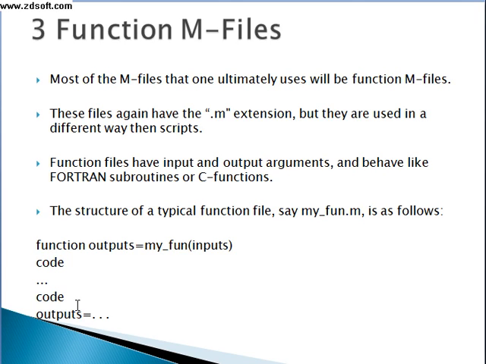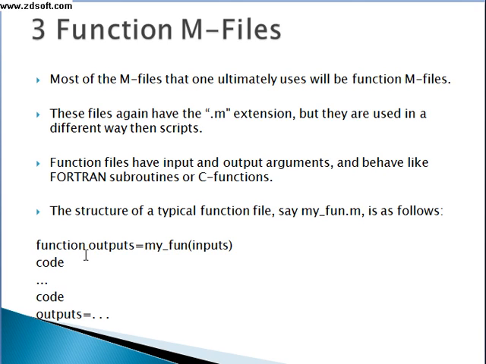The structure of a typical function file, say my_func.m, is as follows. Whenever you want to create a function M file, use this type of code. Okay, this is a general code for it. You start your program with the word function with a small f. Do not use a capital F in starting.